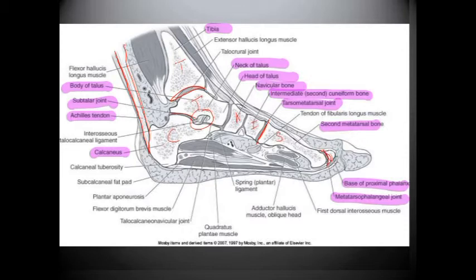We have the tarsometatarsal joint, proximal phalanx, which articulates with the second metatarsal to form the metatarsal phalangeal joint.